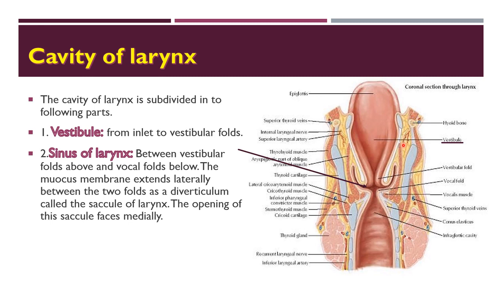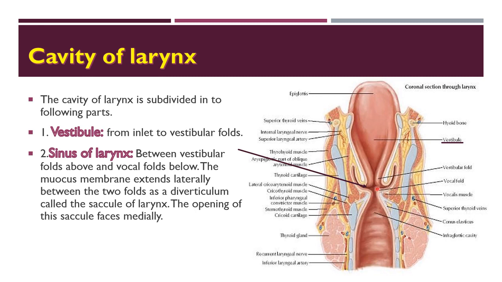Mainly this mucous pouch, or diverticulum, has its mouth opening medially into the cavity. The mucous secretions are mainly responsible for keeping the vocal folds moist, because the vocal folds lack submucosa, and only in the submucosa do you have submucous glands, which are lacking here.